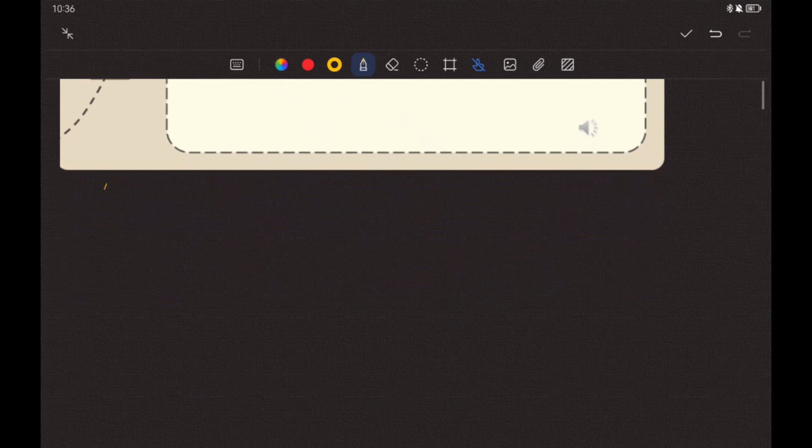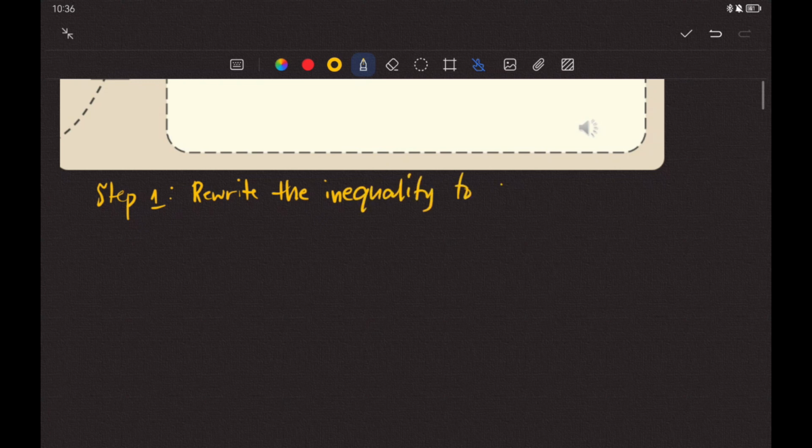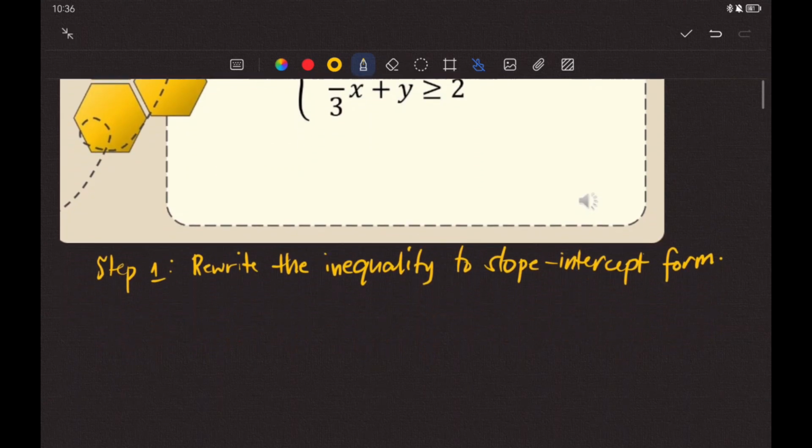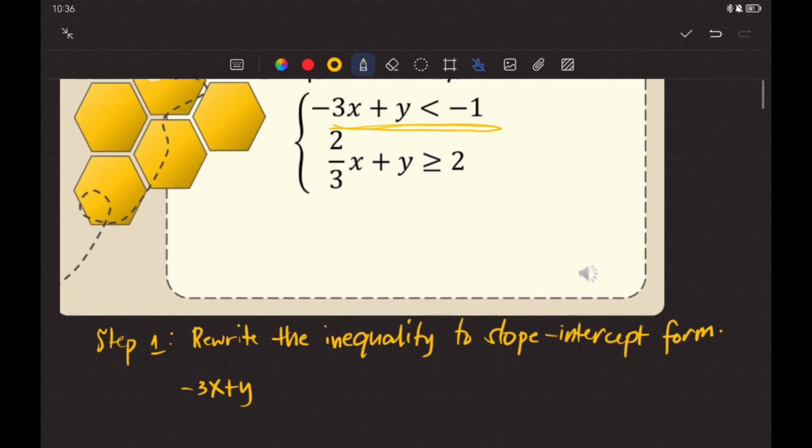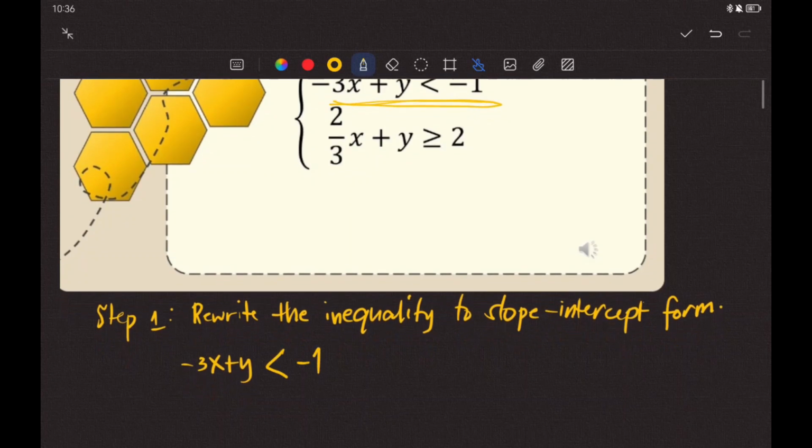So step 1. We are to rewrite the inequality to slope-intercept form. We have here negative 3x plus y is less than negative 1.